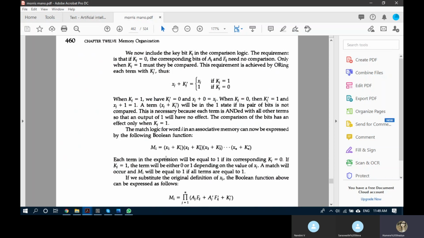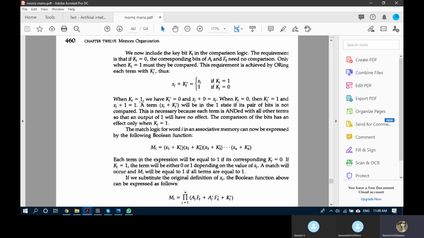It can be 1 or it can be 0 also. It can be x1 plus, this plus means OR, x1 or you can go for this k1 dash. Why is it k1 dash?